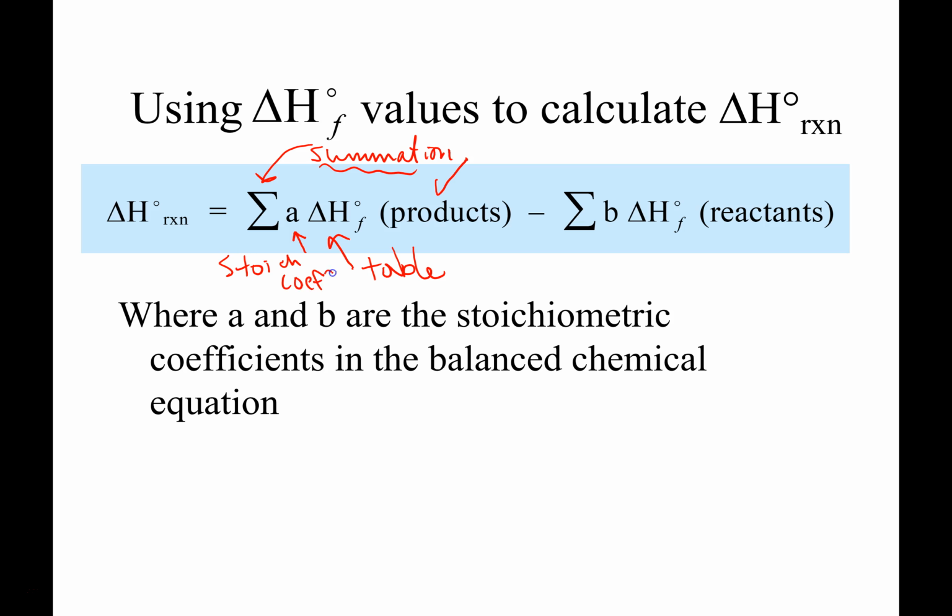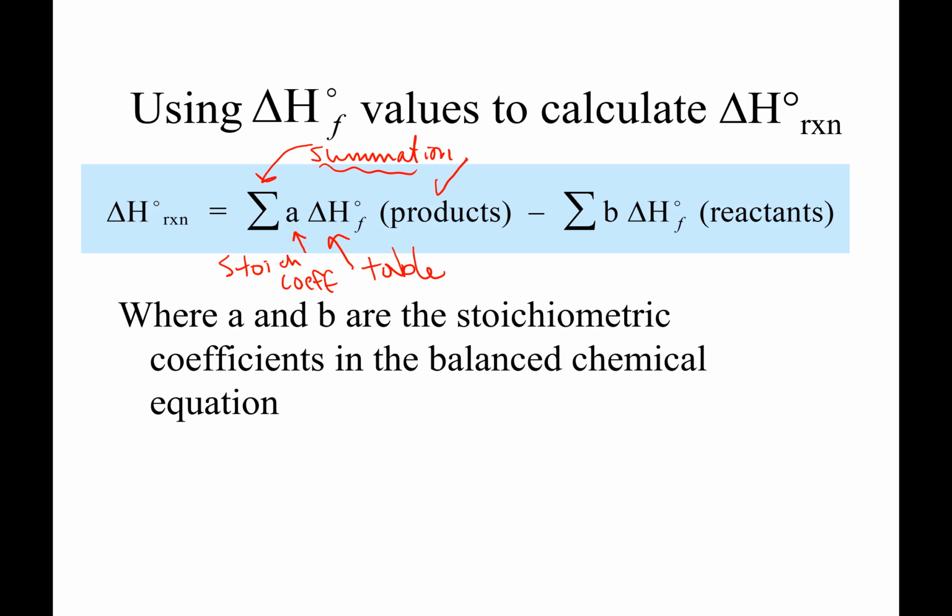It's easier to show you what this looks like. It sounds complicated, but it's not. For every product, I take its stoichiometric coefficient from the balanced equation, multiply it by the standard molar enthalpy of formation from the table, and add those together.